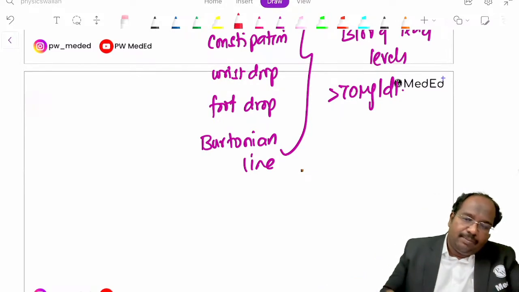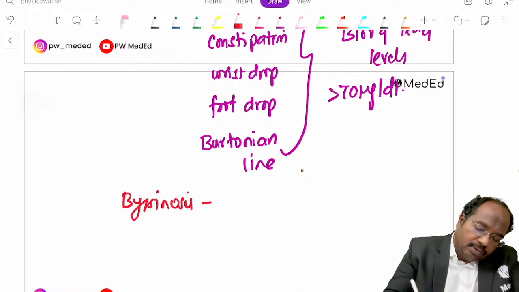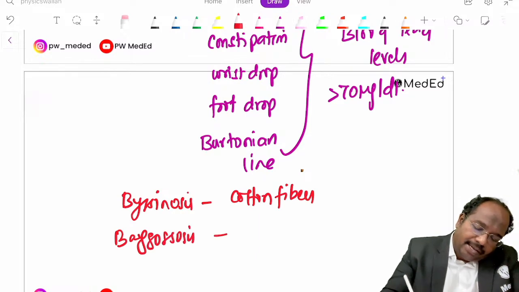In pneumoconiosis, some additional points we can see. Byssinosis is associated with what? Cotton fibers. Bagassosis with what? Sugarcane dust.